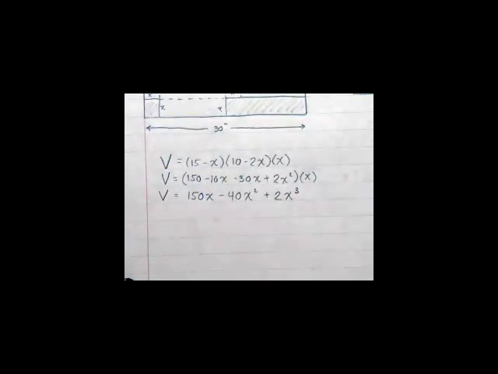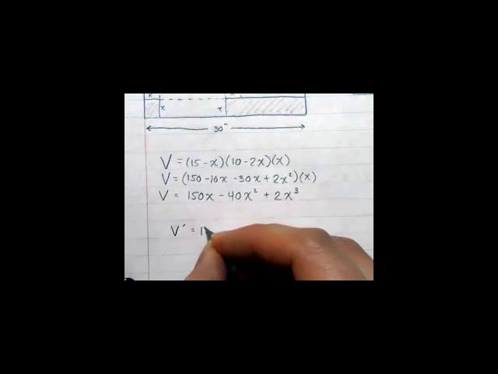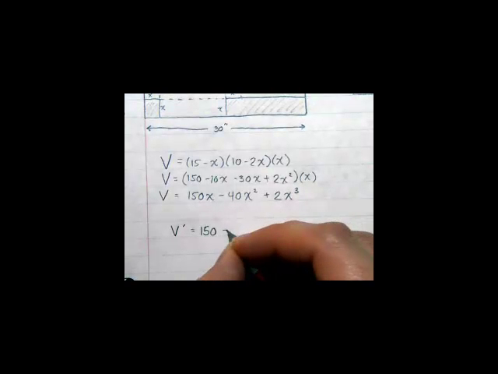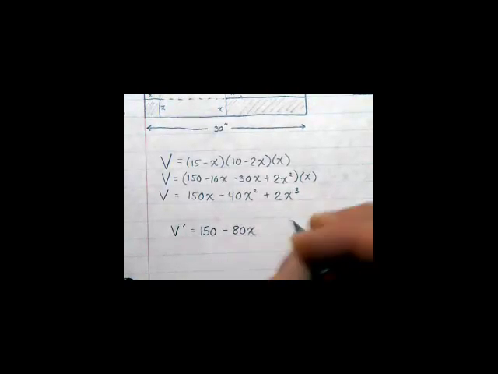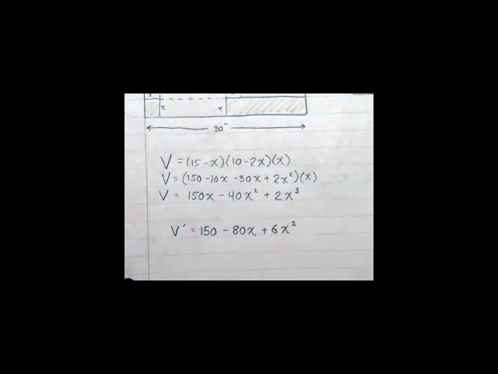So its derivative, v prime, is 150 minus 80x plus 6x squared, which is a quadratic, which we can handle. Going to set that equal to 0.